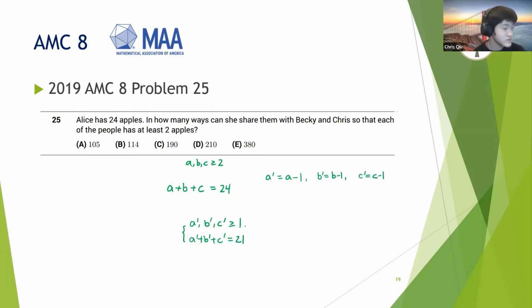The way we do this is we're splitting 21 into 3 groups of at least one thing each. So we have 21, let's say, stones, and we're splitting them into 3 groups.